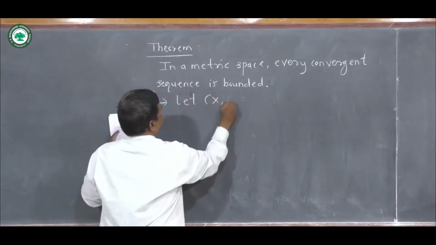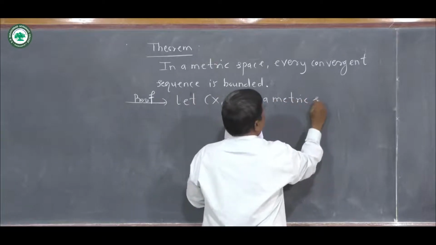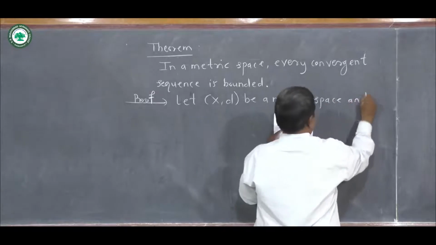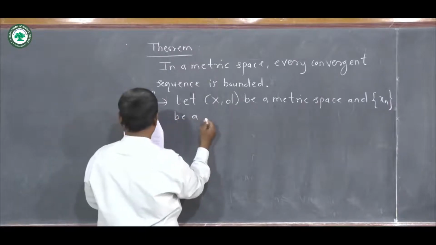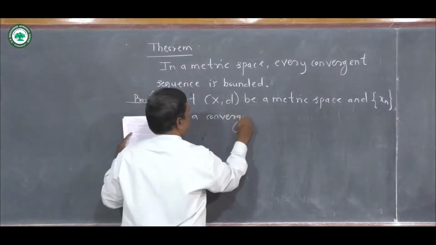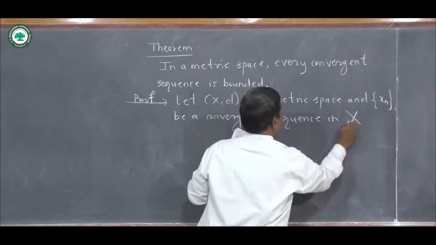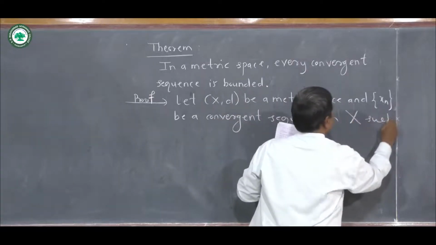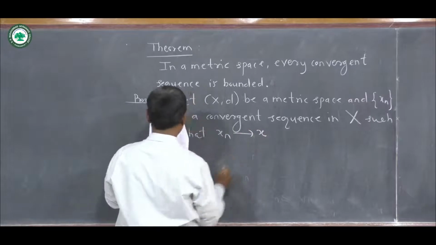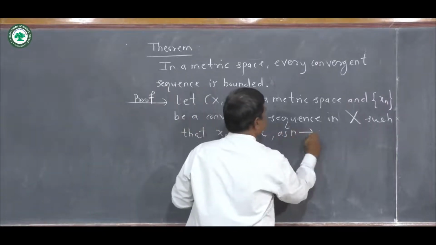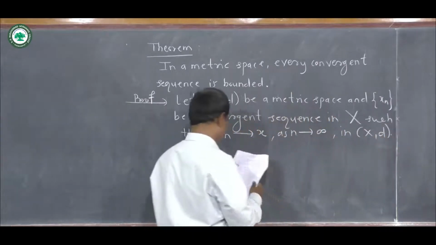Let (X, d) be a metric space and let xn be a convergent sequence in the metric space X such that xn converges to x as n tends to infinity in the metric space (X, d).